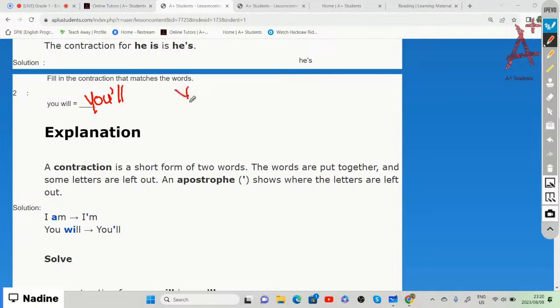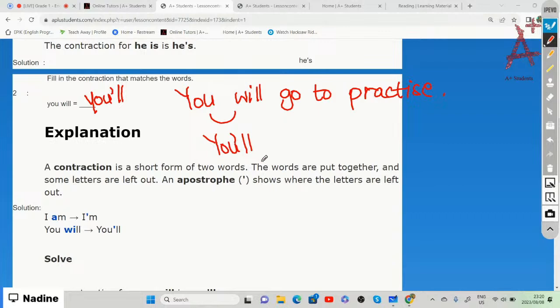So we will say you will go to practice. So you will is our two words. And if we were to shorten those two words, the shortened form, which is another word for the contraction of these two words, we will say you'll go to practice.